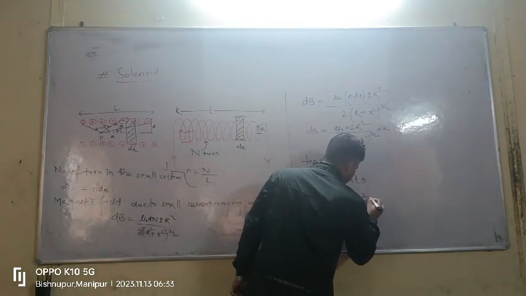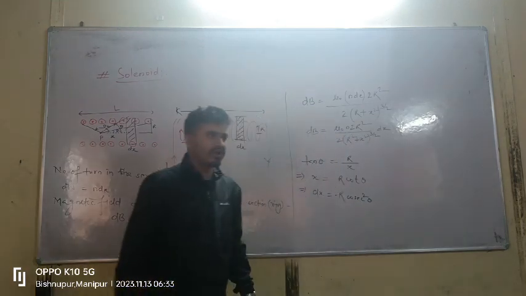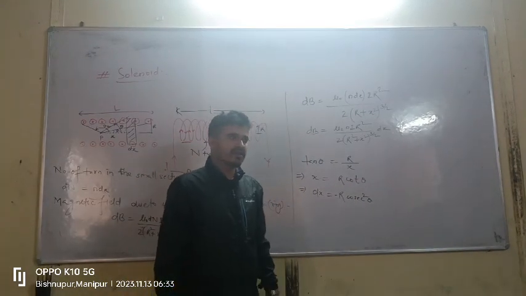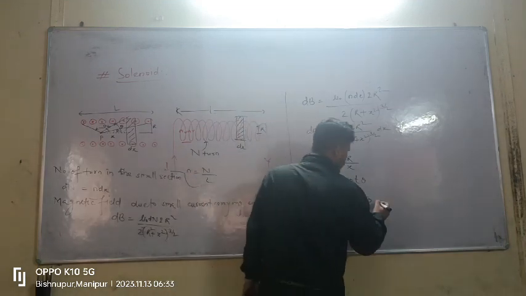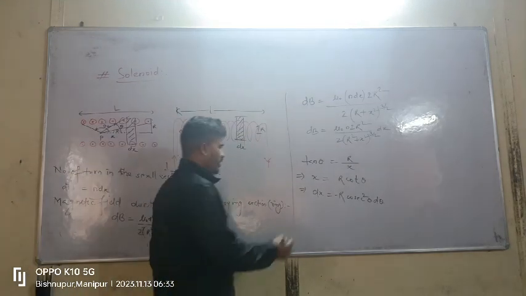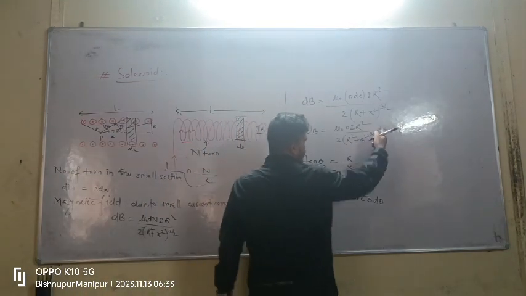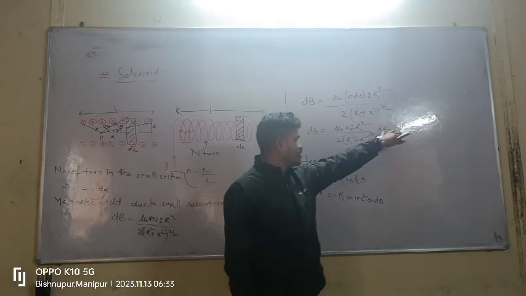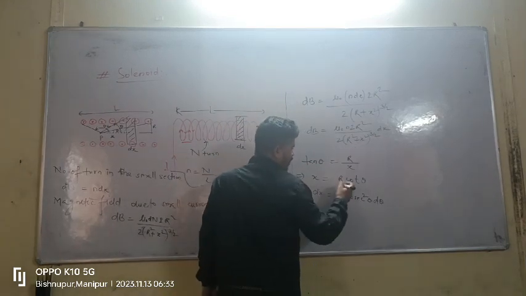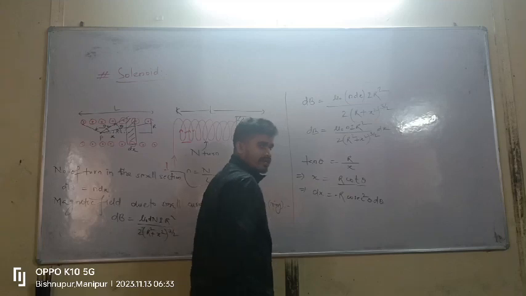Yes or no? I already told you, whenever you find c, it will be minus. So dx equals minus r cosec square theta d theta. Is it clear to everyone? Now we got dx, no? Can we plug this value here? Yes. And in place of x, I also can put this value, no?